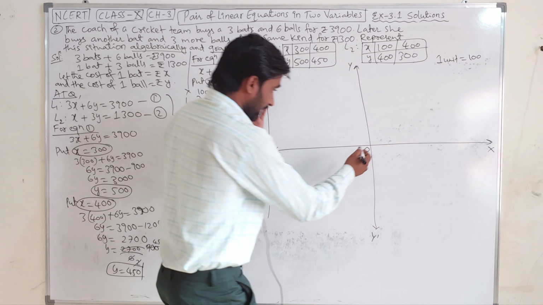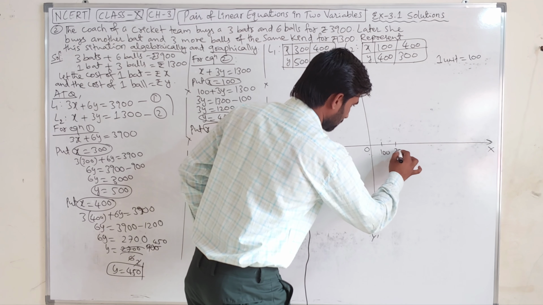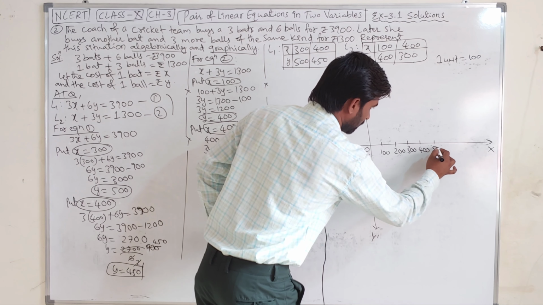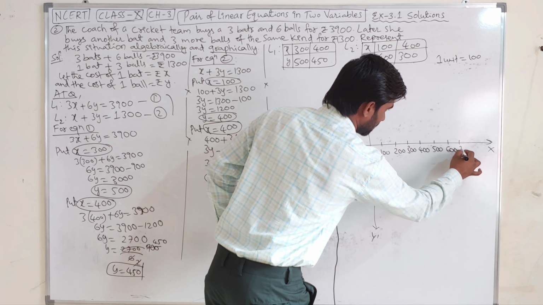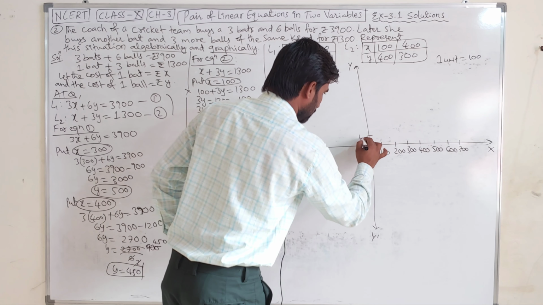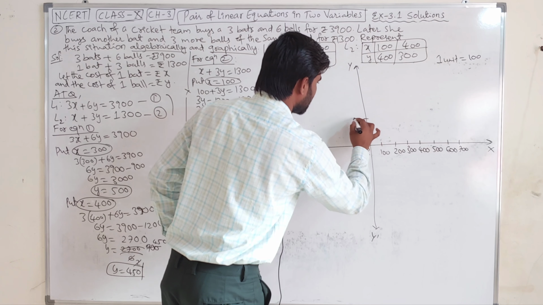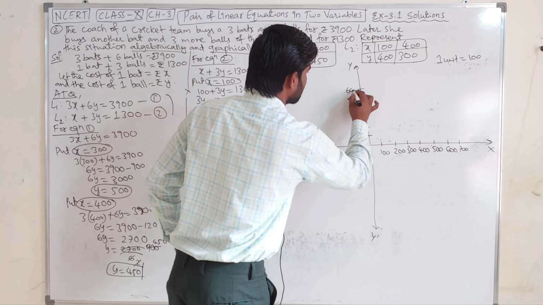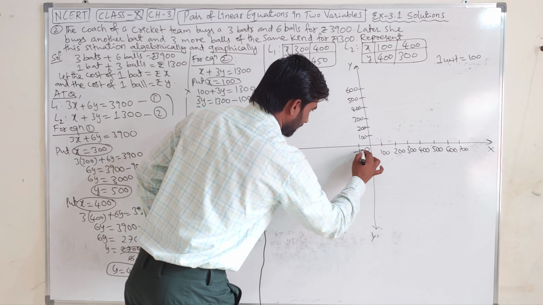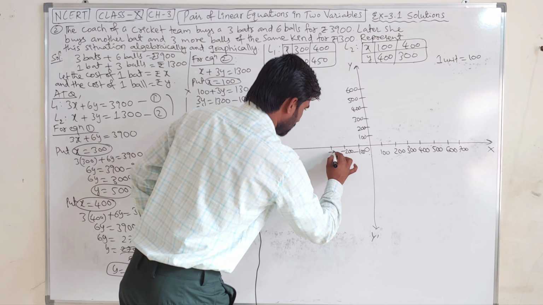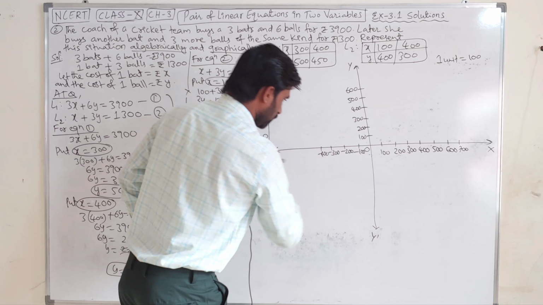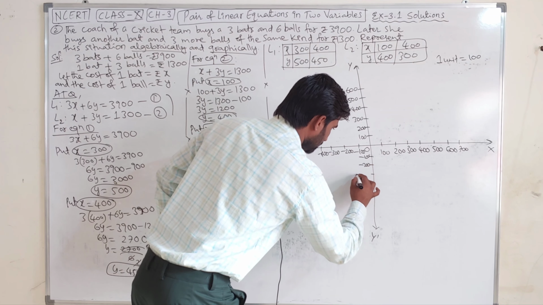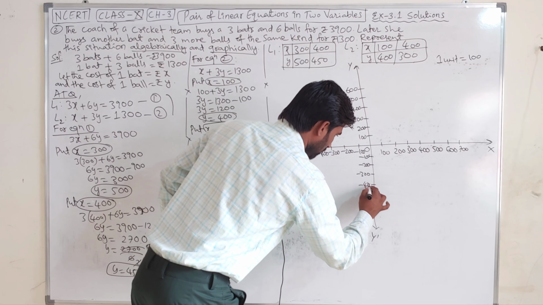So we take here 100, 200, 300, 400, 500, 600, 700 and so on. Next, minus 100, minus 200, minus 300, minus 400 and so on, on both axes.